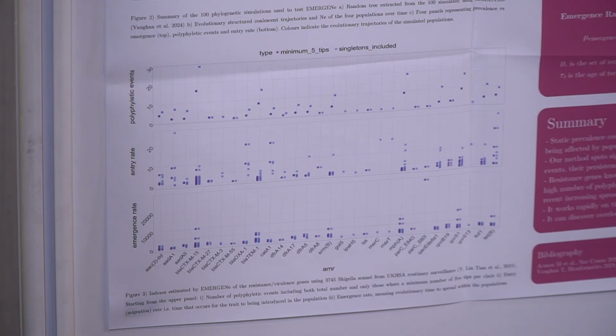Representing this output in this way is kind of like a GWAS approach, similar to a Manhattan plot. We spotted that genes such as mphA, which is related to azithromycin resistance, and blaCTX-M-type genes had the highest emergence rates, as expected.